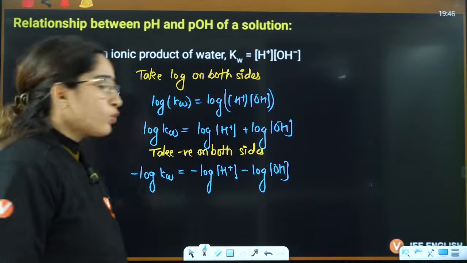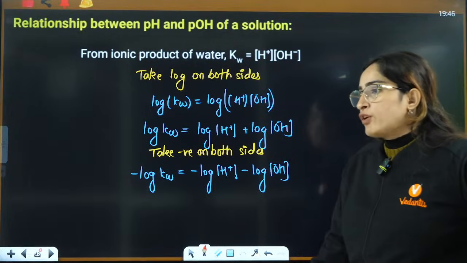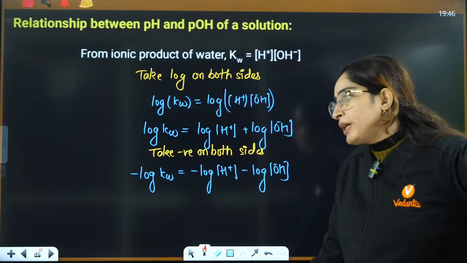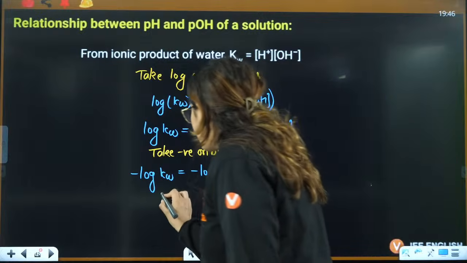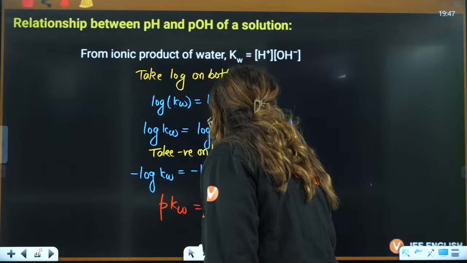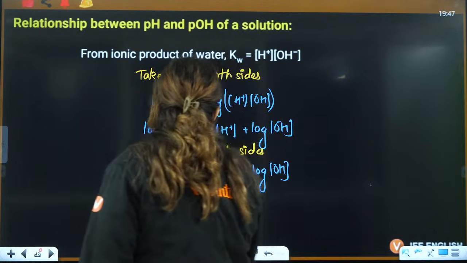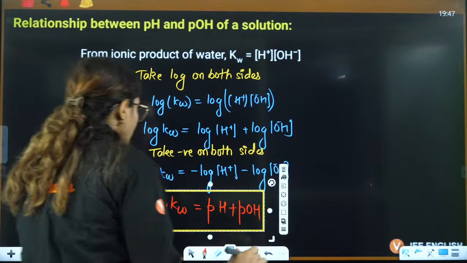And haven't I told you, minus log of anything is equal to p of that thing. So this will be pKw equals pH plus pOH. That is the formula.